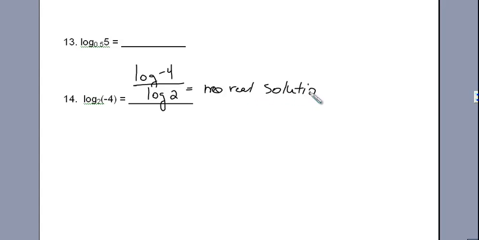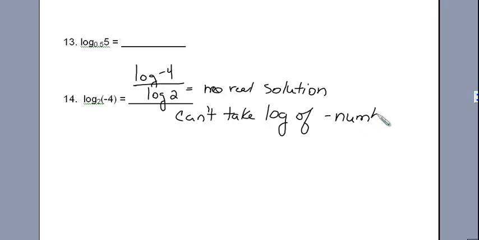The reason for that is, remember, you can't take the log of a negative number. So remember that if you get an error message, go back and think, am I trying to take the log of a negative number? And no, you can't do that.